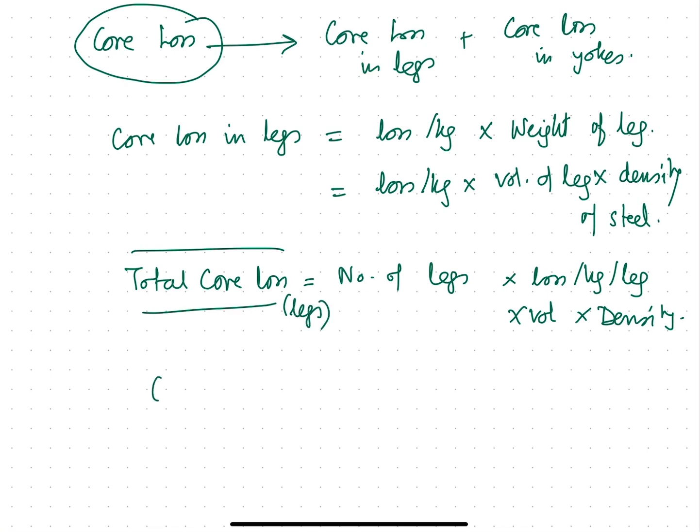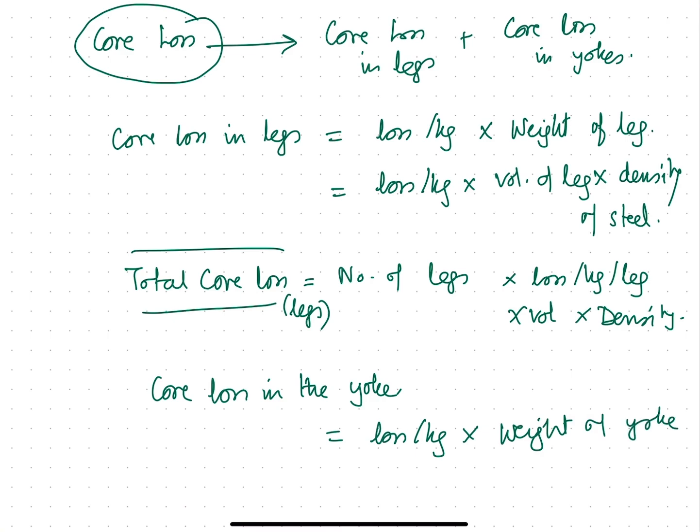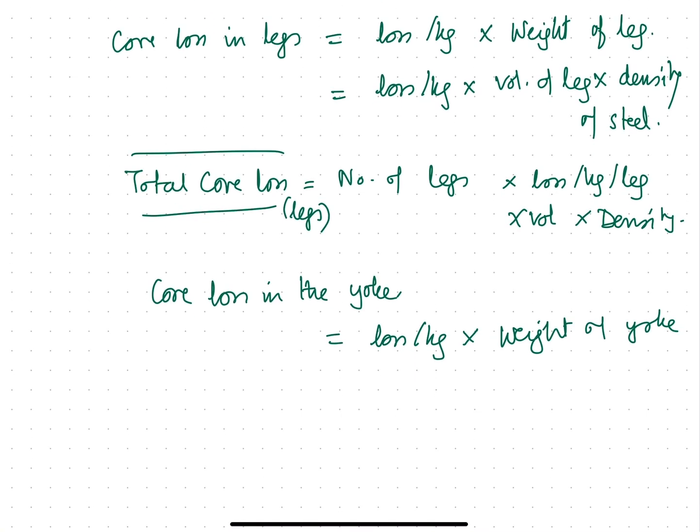And then you have the core loss in the yoke. Well, how do you calculate that? You'd say the loss per kg times the weight of yoke. Here again, you can simplify the weight of the yoke.